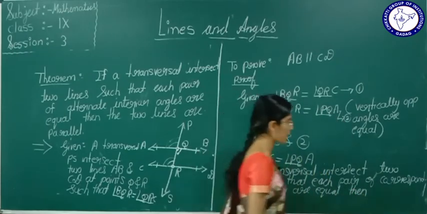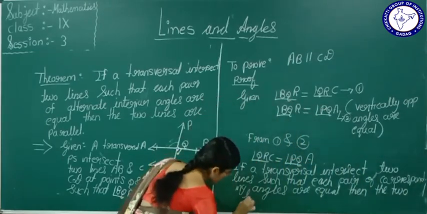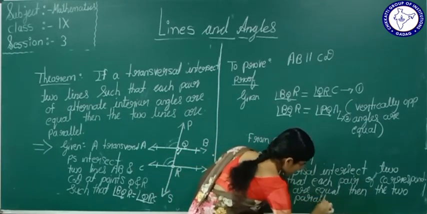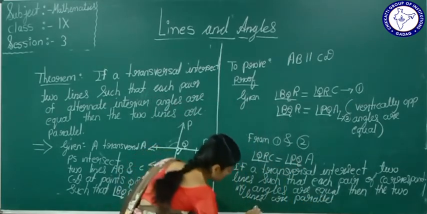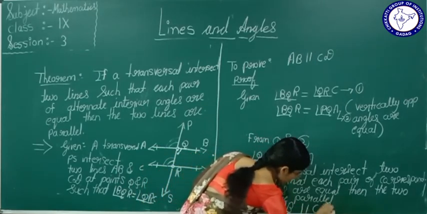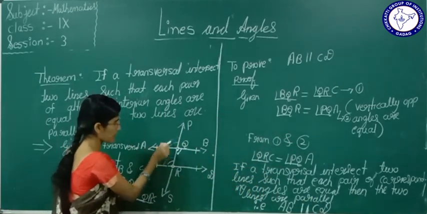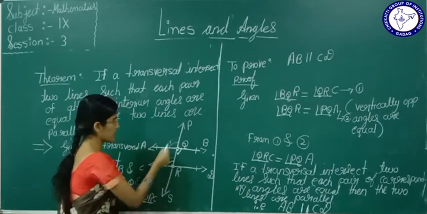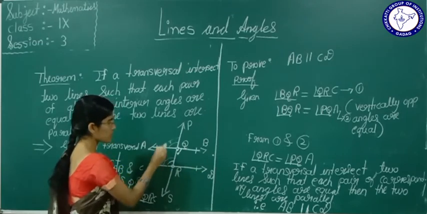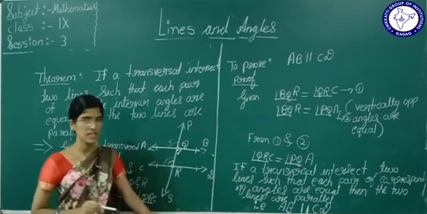Then the two lines are parallel. That is, AB is parallel to CD. Yes or no? Here we got two corresponding angles equal. If a transversal intersects two lines such that each pair of corresponding angles are equal, it means definitely AB is parallel to CD. This is the axiom.